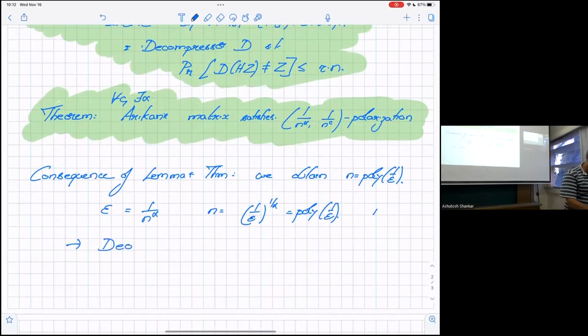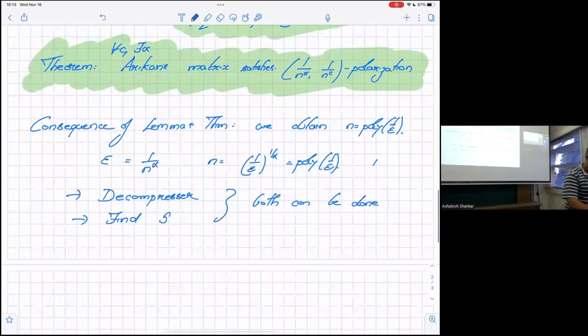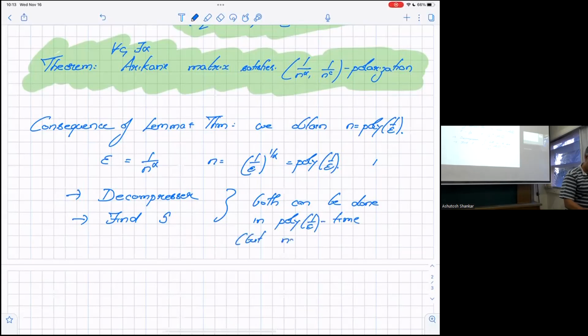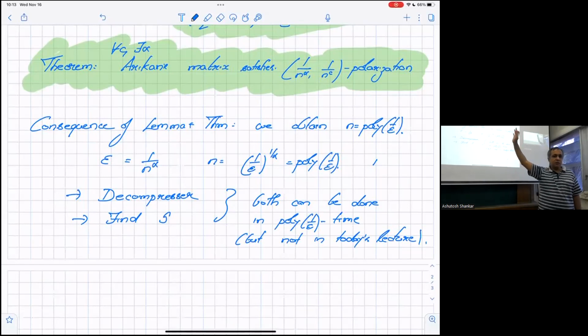Two further things we need to do: we need to do the decompressor, the compressor, and we also need to find S. Both can be done in poly 1 over epsilon time. So modulo these three facts, we have the compressor that we want.